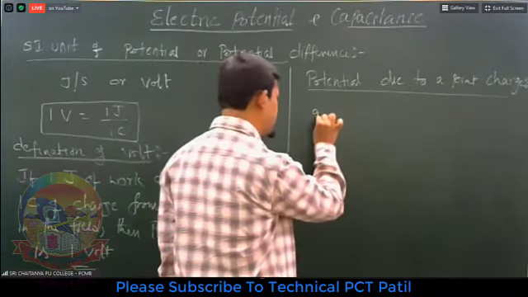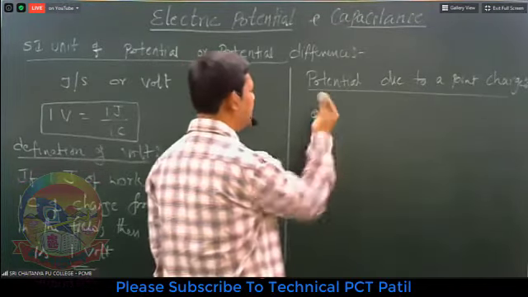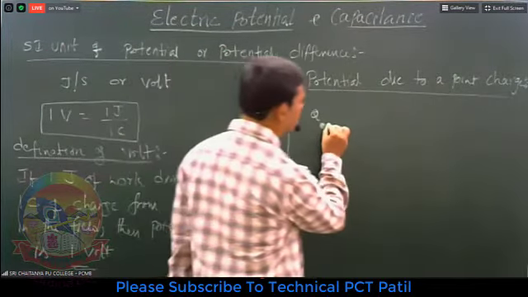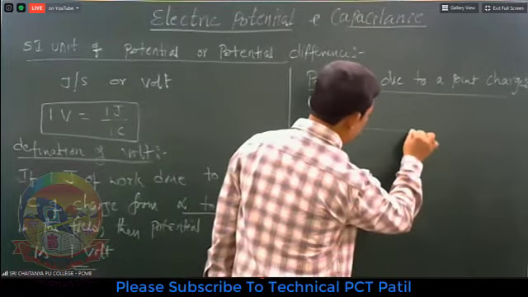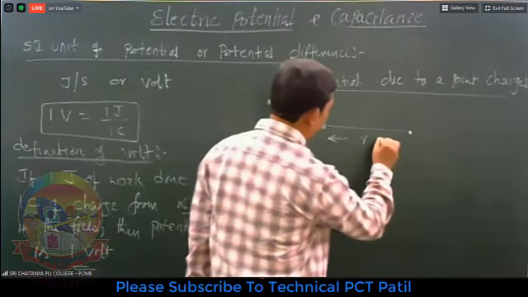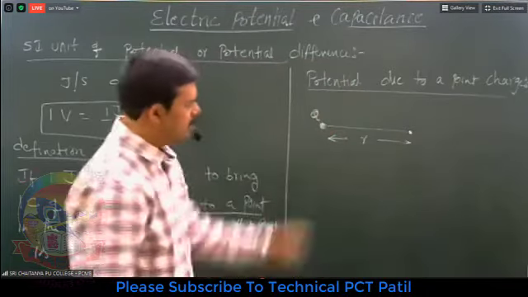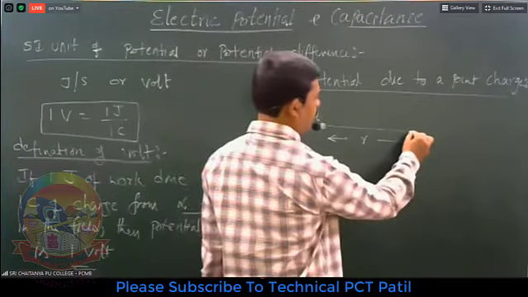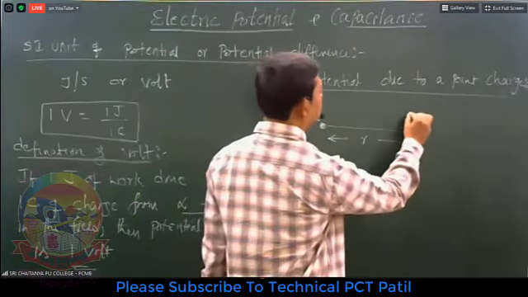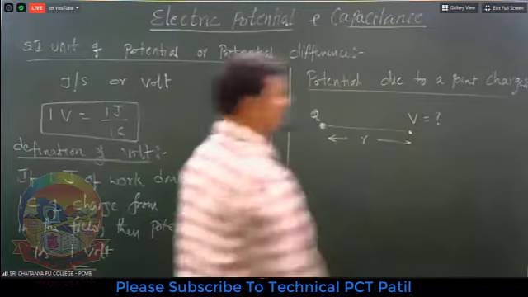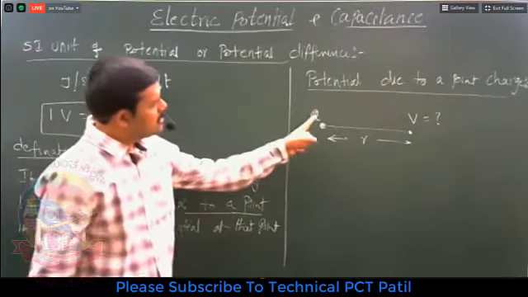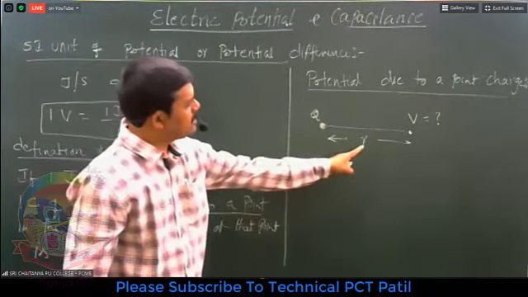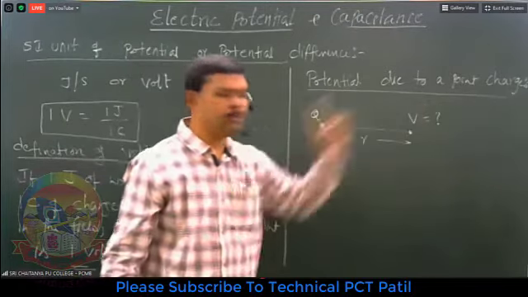Let that point charge be capital Q. You are asked, at a distance r from this point charge, what is the potential due to this point charge?